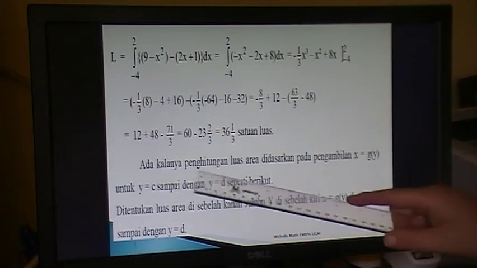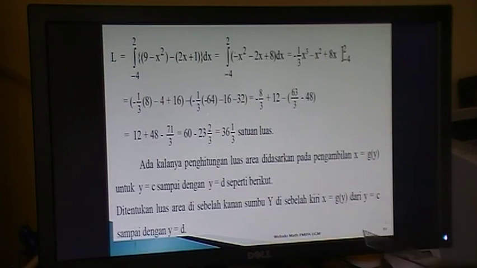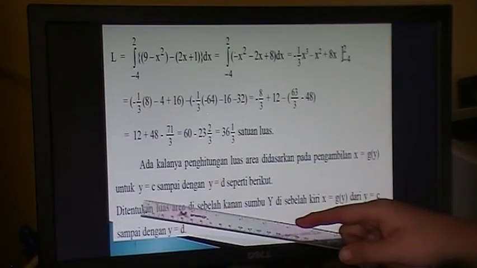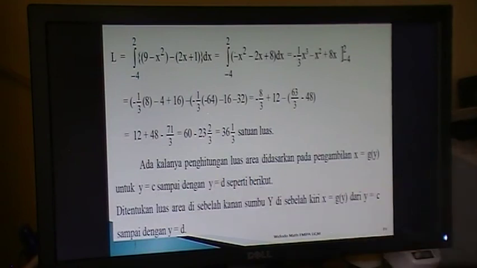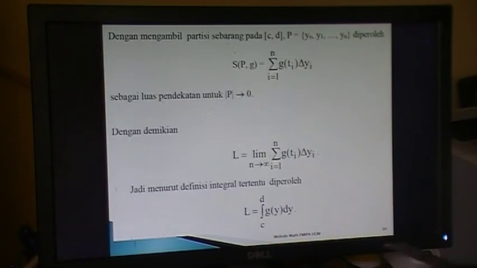But sometimes the area is not only based on y equal to f(x), but x equal to g(y), and the restriction of the integral is y equal to c until d. Let us take the following example.